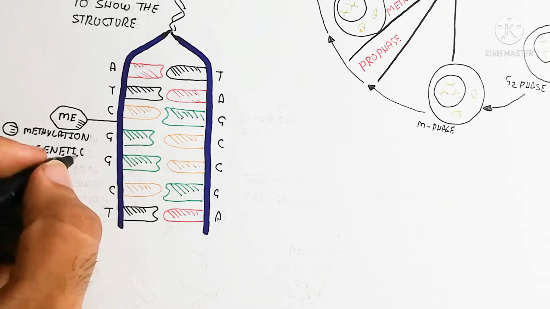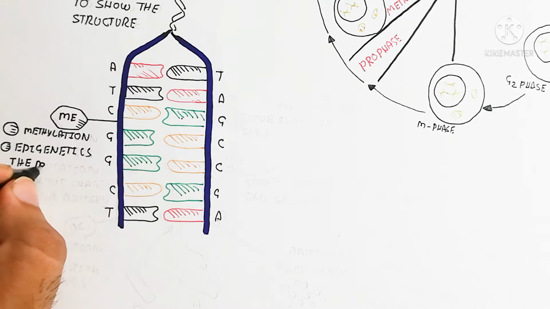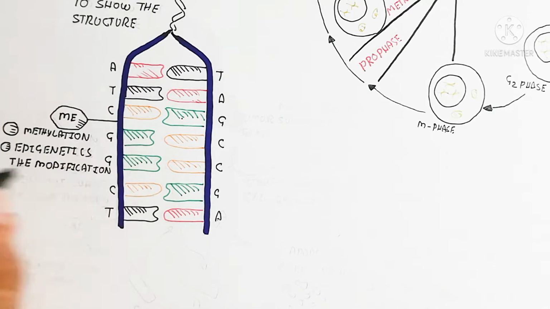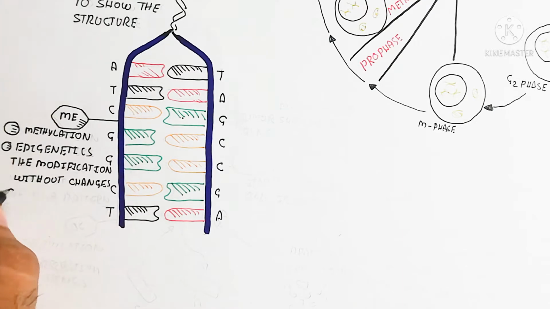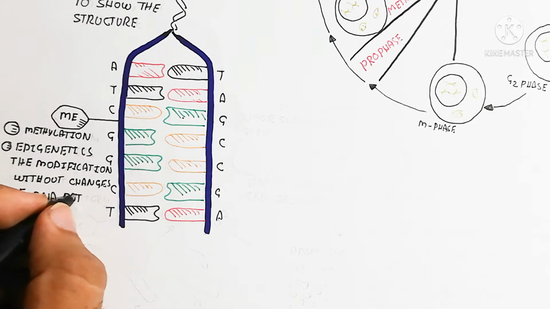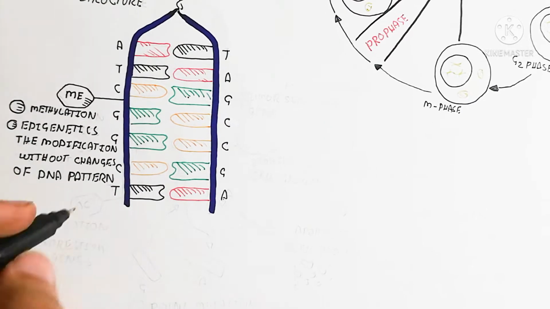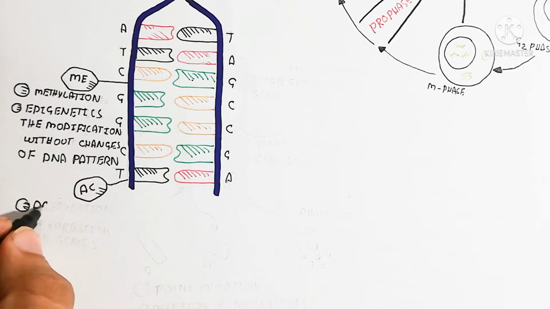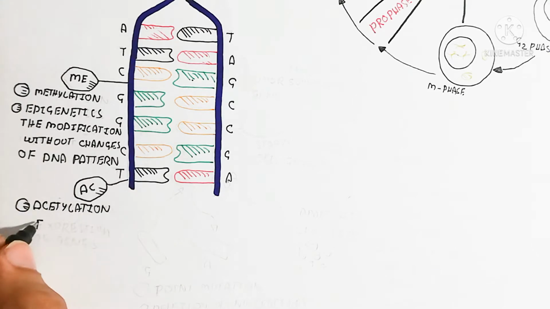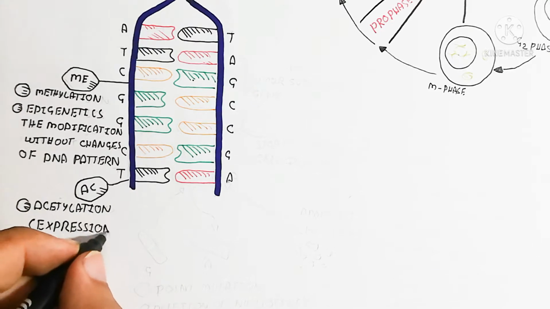Methylation is the epigenetics part, meaning a modification without changes to the DNA sequence. When methylation silences a gene, the gene is no longer active, so it is a suppressed gene and does not play a functional role.